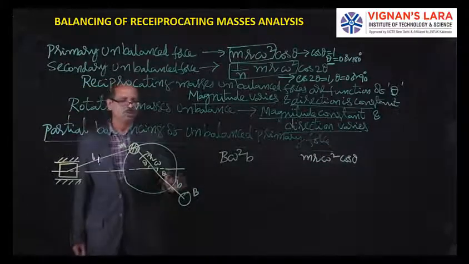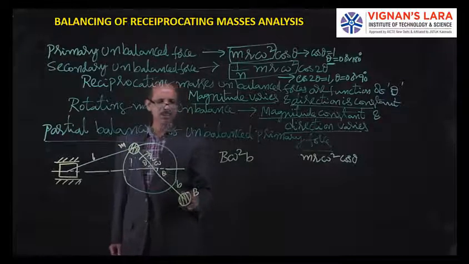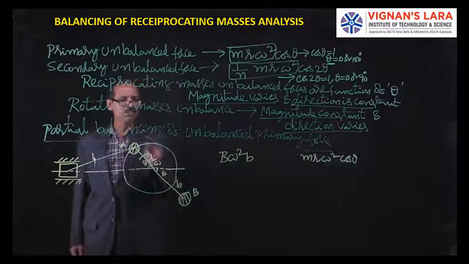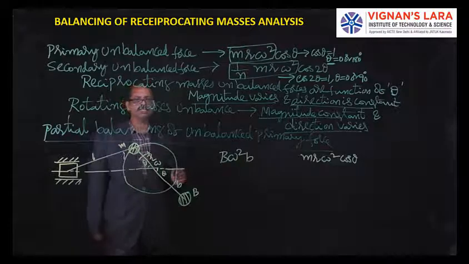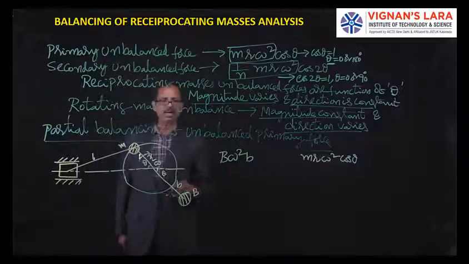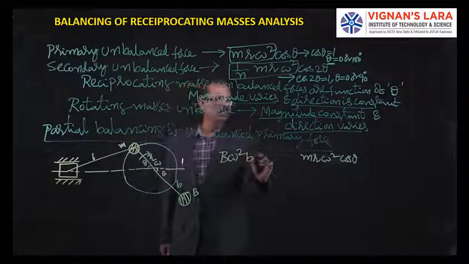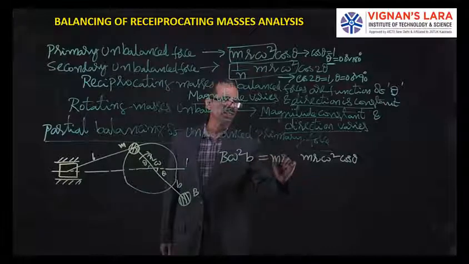Let me assume there is a mass b, situated at a distance of b, and kept on the opposite side at that theta. If I try to balance it such a way that b omega square b is equal to mr omega square.